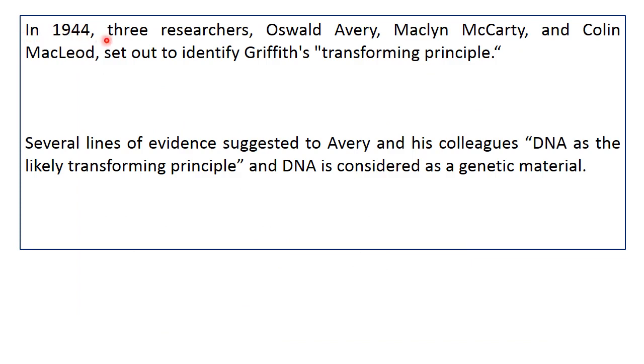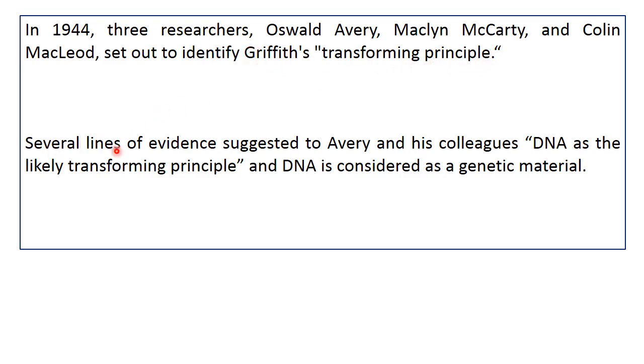In 1944, three researchers, Oswald Avery, Maclyn McCarty and Colin MacLeod, set out to identify Griffith's transforming principle. It means what causes the transformation of R strain into S strain, which at the time was an unknown mechanism and unknown cause.